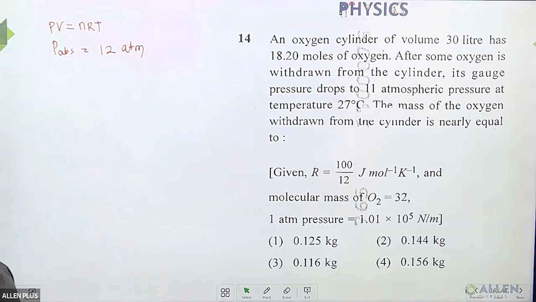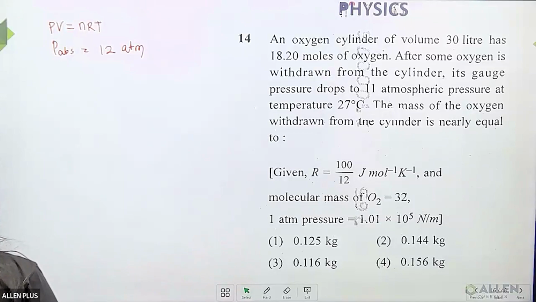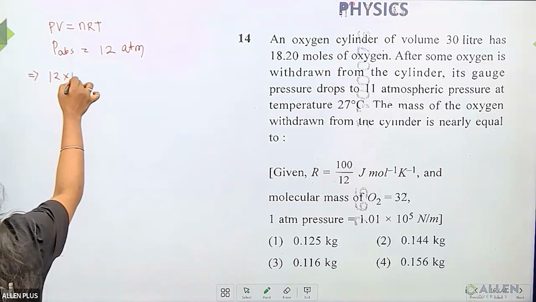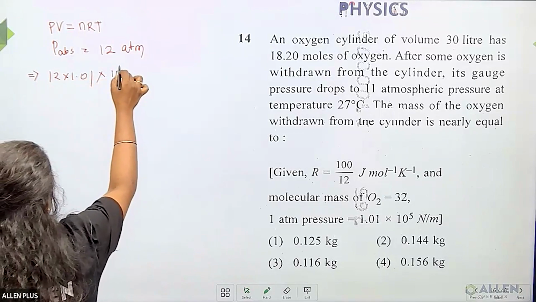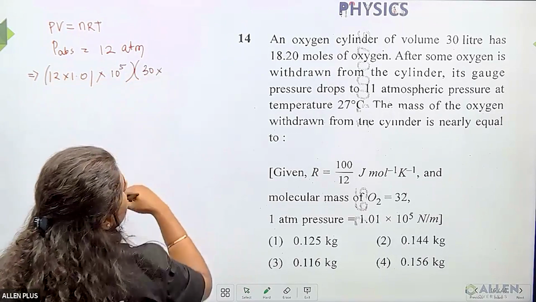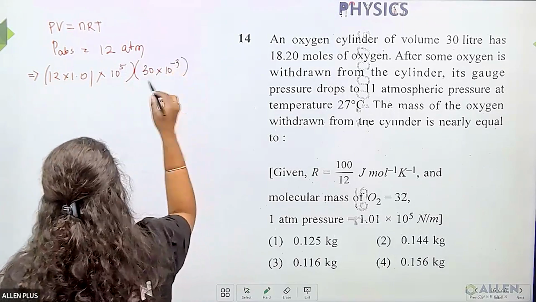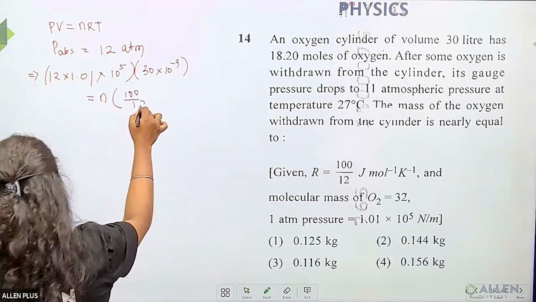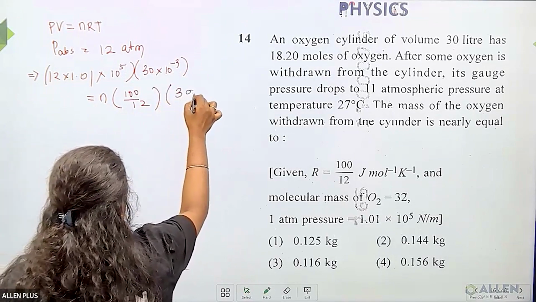This has to be converted into the standard value, 1 atm being 1.01 into 10 to the power 5. So I can write 12 into 1.01 into 10 to the power 5, pressure, into volume 30 into 10 to the power minus 3 meter cube, equal to n into R value into T. 27 degrees Celsius means 300 Kelvin.